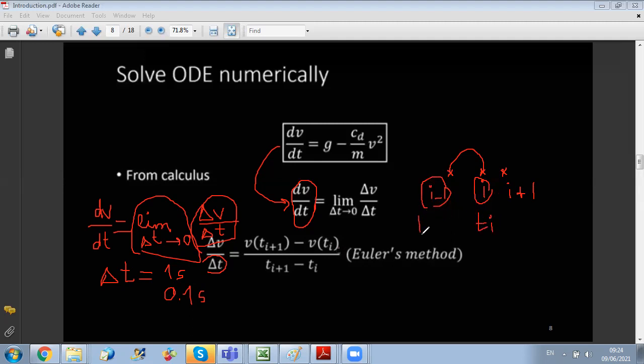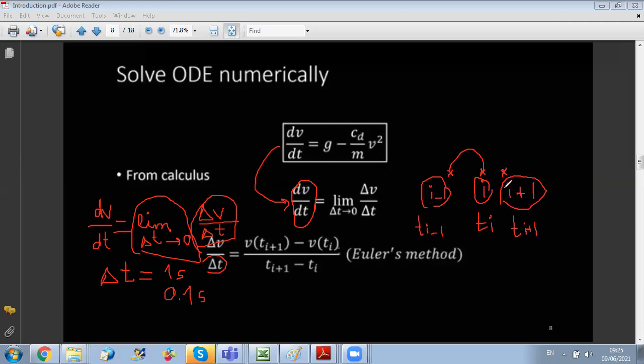You can also take point i with the point coming after it, so i with i plus 1. Then delta V over delta t will be V at i plus 1 minus V at i, over t at i plus 1 minus t at i. Another approach is to take into consideration the point after i and before i.